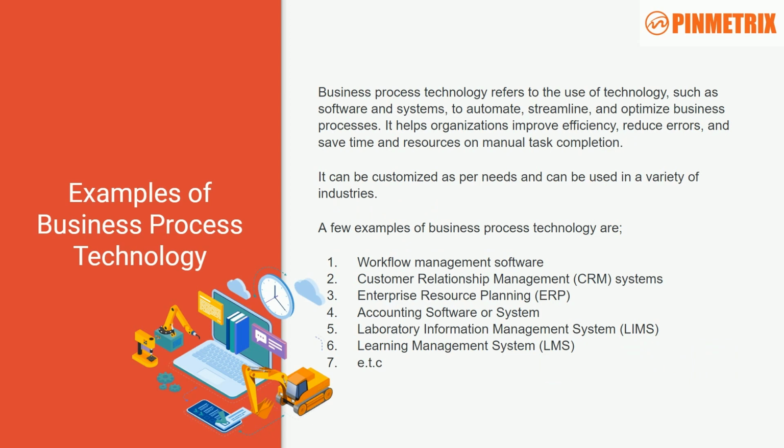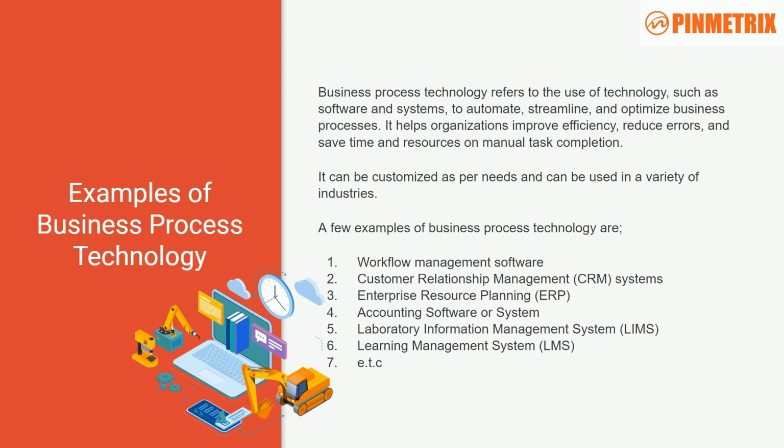Now, business process technology refers to the use of technology such as software and systems to automate, streamline, and optimize business processes. It helps organizations improve efficiency, reduce errors, and save time and resources on manual task completion.